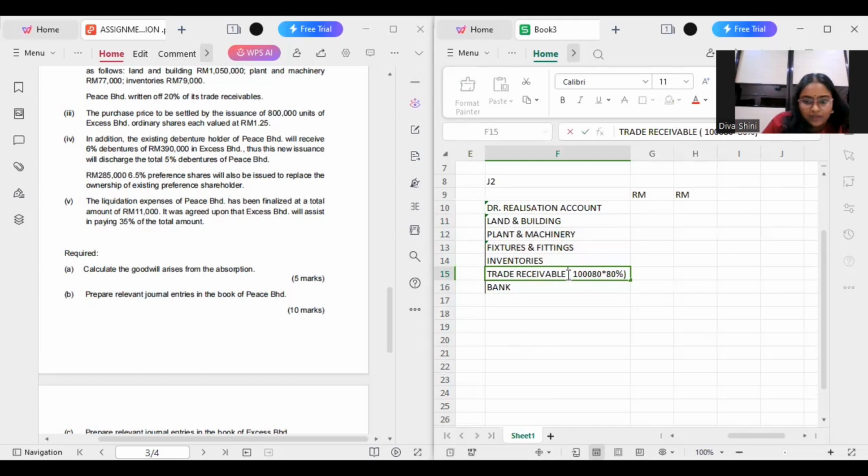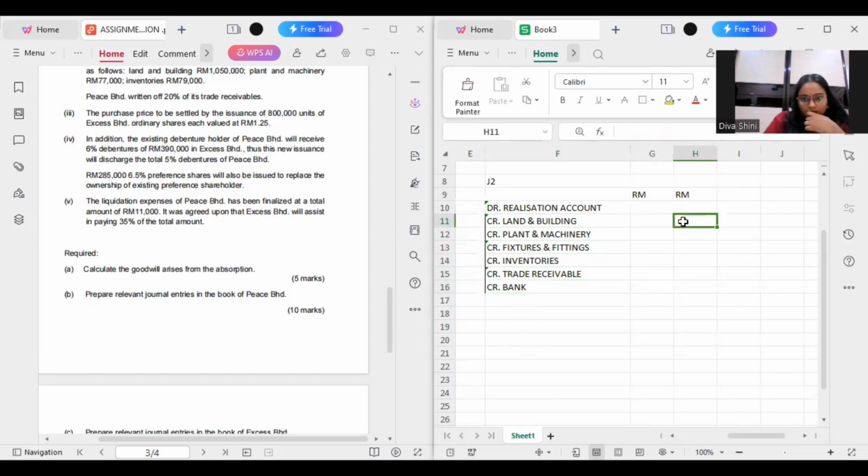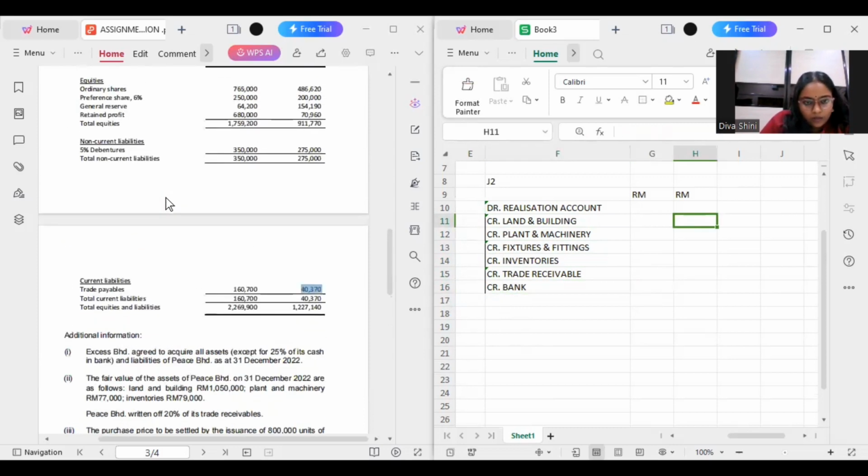We take the amounts from Peace, except for trade receivable and bank because they have calculations.